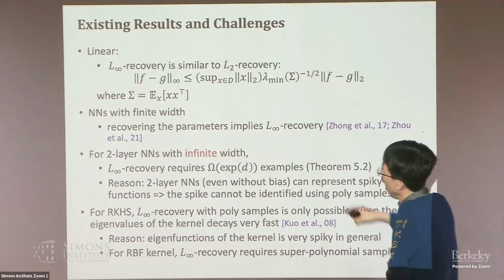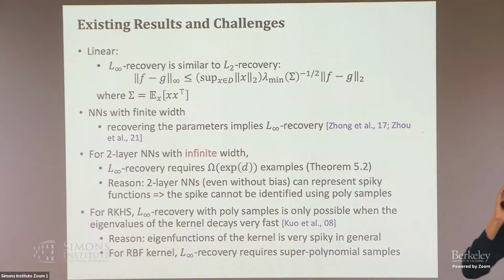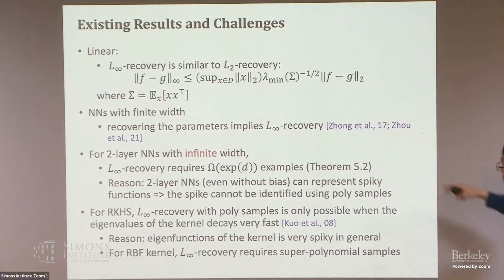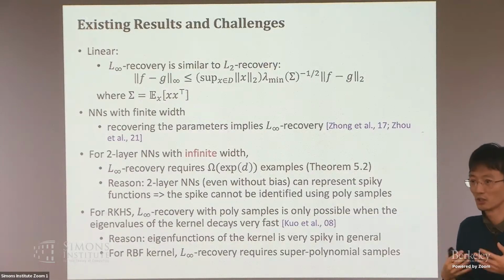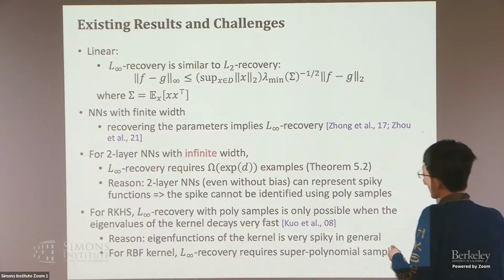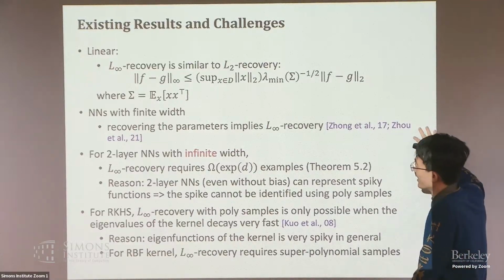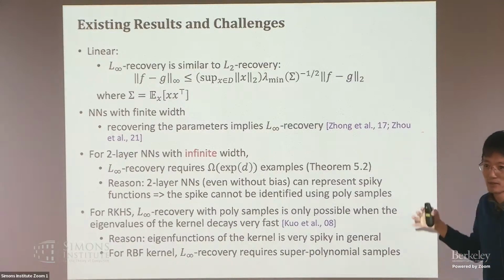And for neural networks of finite width, in many cases they are identifiable. In theory, you can identify all the parameters exactly, and then you can get the L infinity recovery. I think that's one type of approach to get L infinity recovery: you exactly recover all the parameters, and then you get L infinity recovery. That's pretty much the only result I know about neural network L infinity recovery. You have to go through the parameters.